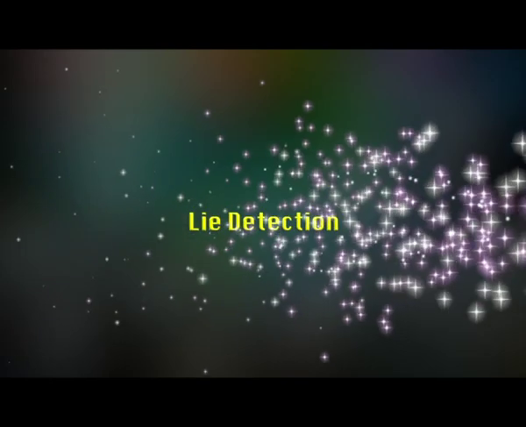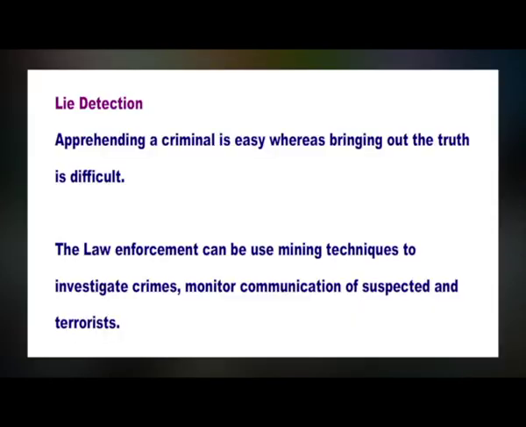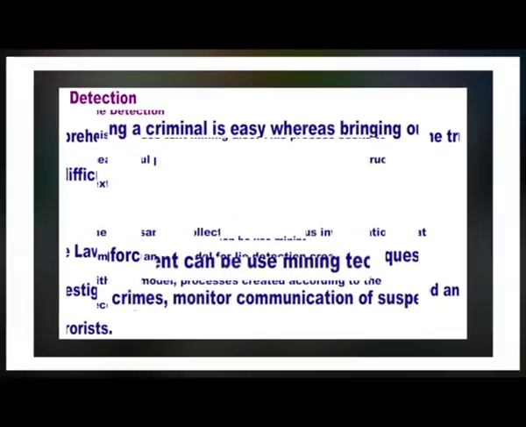Now, we will move on to lie detection. Apprehending a criminal is easy, whereas bringing out the truth is difficult. Here comes into play the lie detection system using data mining. Law enforcement can be very timid if they do not make use of the apt technology. Here they make use of mining technologies to investigate crimes and monitor communication of suspects and terrorists.